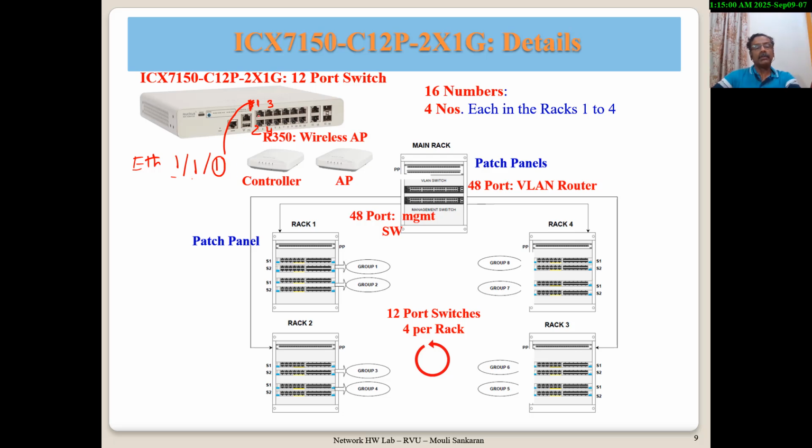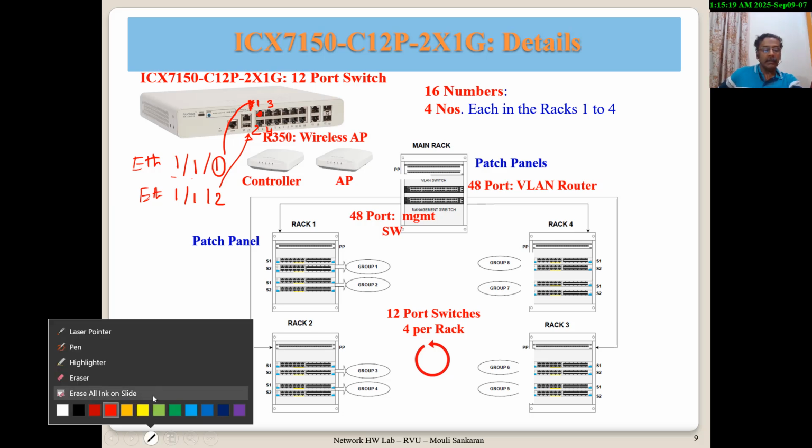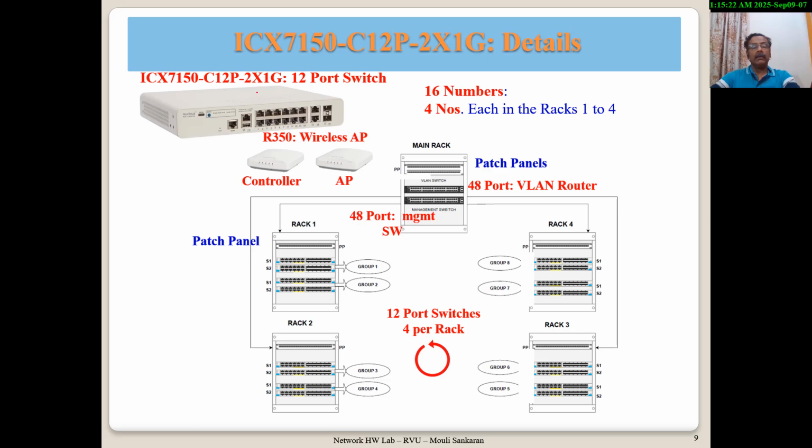Now you can imagine the bottom port will be called 1/1/2. Similarly, you will go up to 12. These are the naming conventions, or how we represent each port in our network diagram.